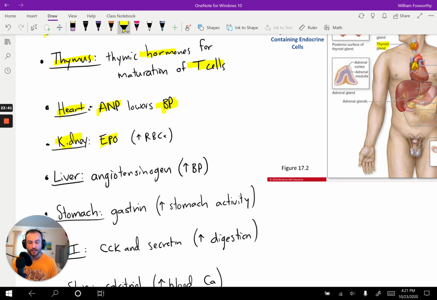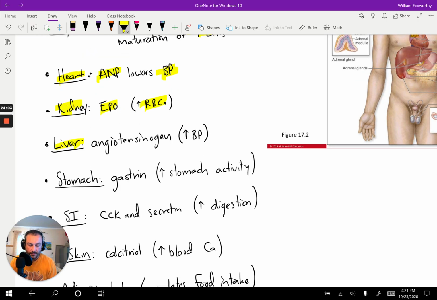The kidneys release a hormone called erythropoietin, which increases red blood cell production. And this is something that has been in the news because Lance Armstrong and other long-distance athletes have used EPO to increase their red blood cells, to increase their capacity to do long-distance types of exercise.